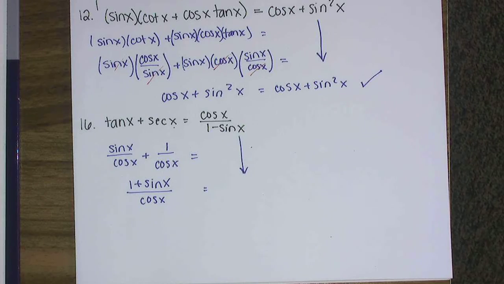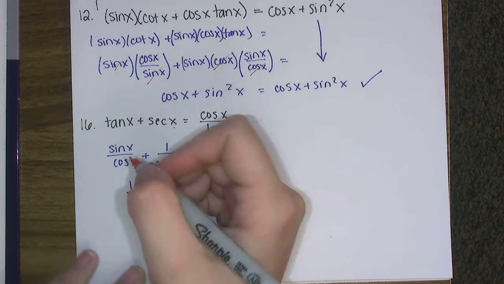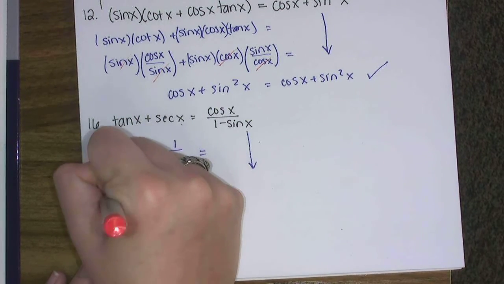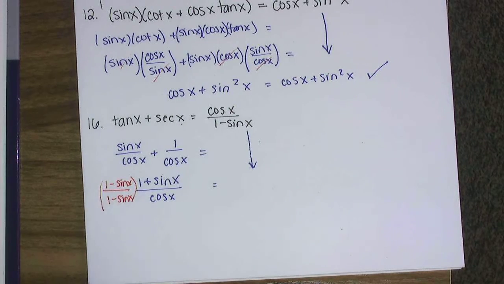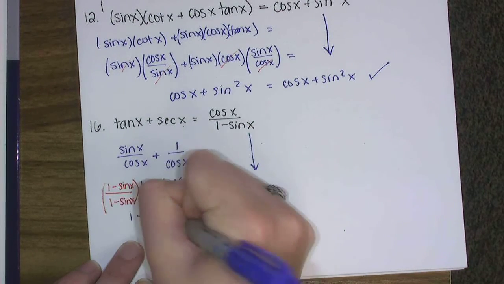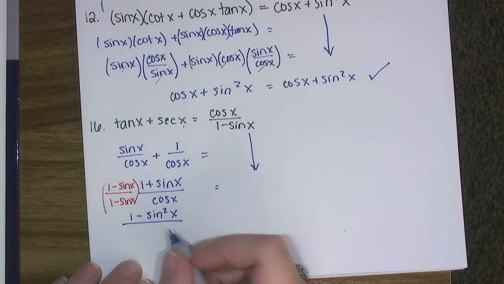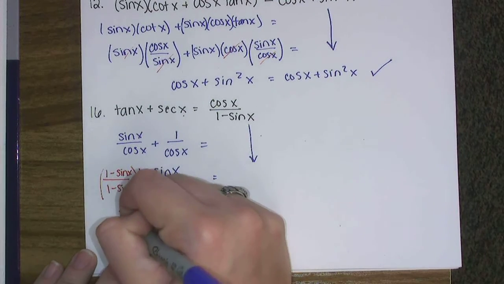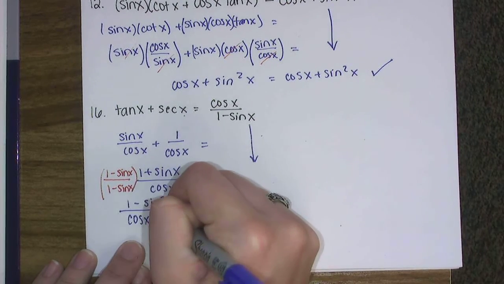Now, what does that leave me with? Well, hopefully you recognize that as a difference of squares, which gives me 1 minus sine squared of x on top, and on the bottom, I'm just going to leave it separated, so that gives me cosine of x times 1 minus sine of x.